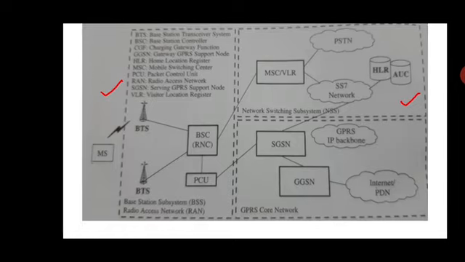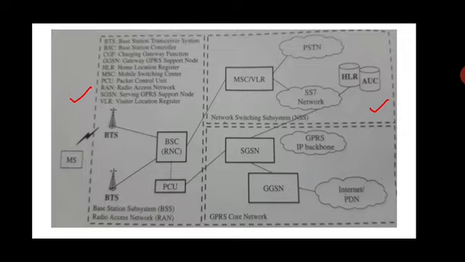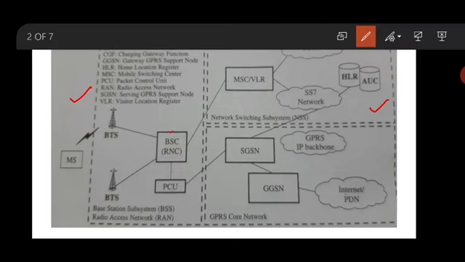Your base station, that is the baseband, is connected to the network switching system, NSS. On the right-hand side, you can see the BSC is connected to the MSC, the mobile switching center.